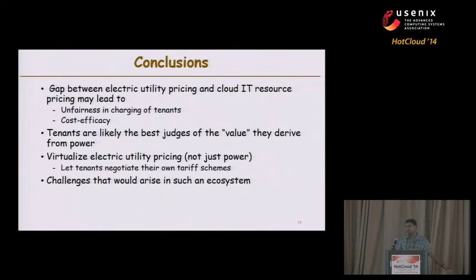Intuitively it seems like you have the same problem here, that one of the advantages of cloud computing is that there's so much aggregation being done to give everyone better value that perhaps you may lose all your win by virtualizing the power consumption. Could you make that more explicit, the value of aggregation? Because I didn't quite follow.